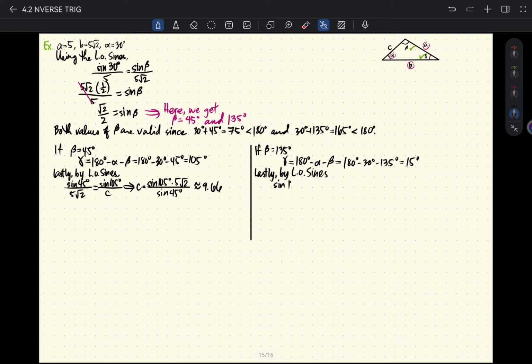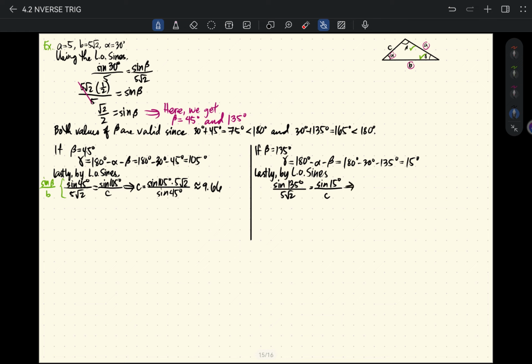Sine of 135 degrees over 5 square root of 2 equals sine of gamma, sine of 15 degrees over c. So, I'll just remark here because I think I said the wrong thing. This is sine of beta over b. But there shouldn't be any problem if you will use sine alpha over a. It should be the same.